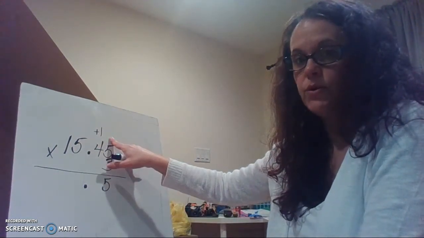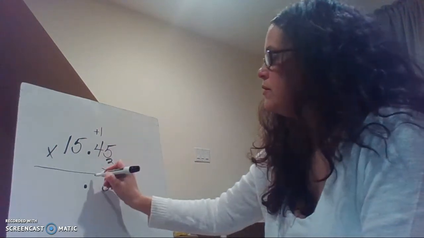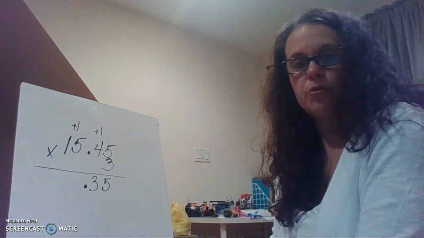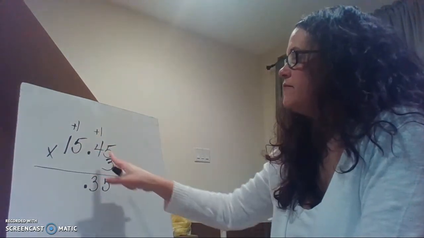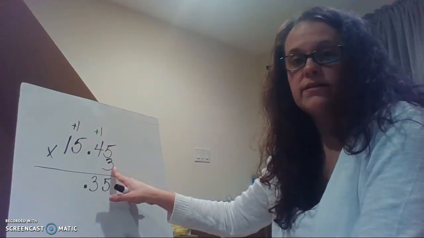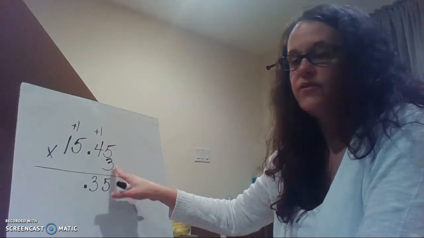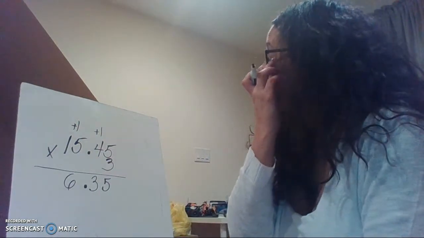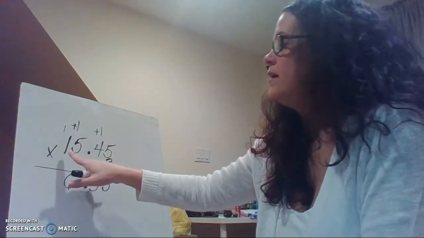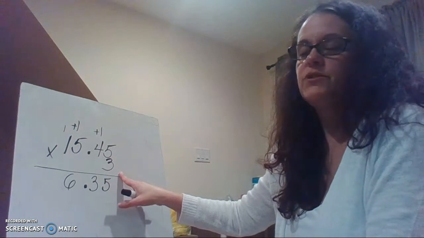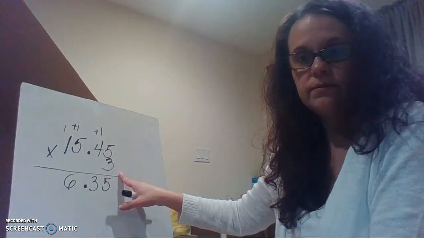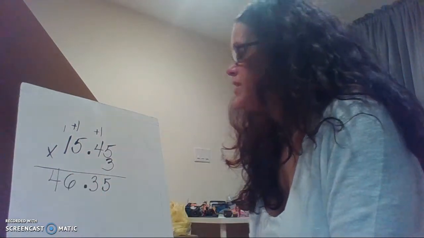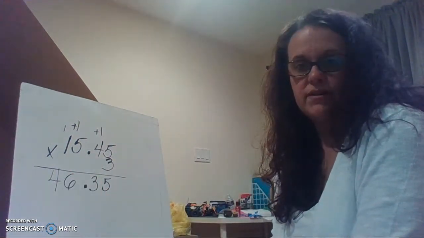I add the 1 more, which is 13/10, or 3/10 and 1 whole. They all get regrouped to their appropriate columns. I have 5 ones times 3 is 15, plus the 1 that I regrouped is 16. Now I have 1/10 times 3, which is 3, plus the 1 would give me 46 35/100.